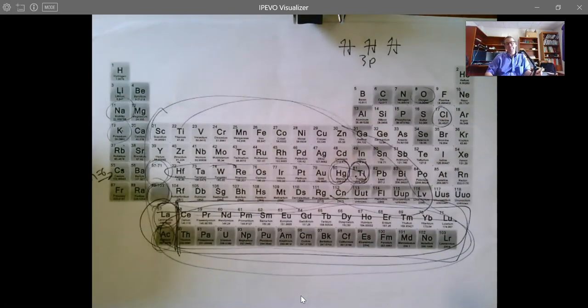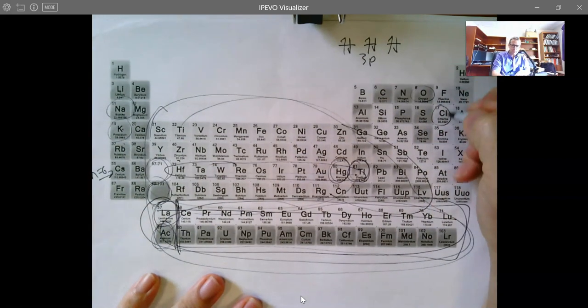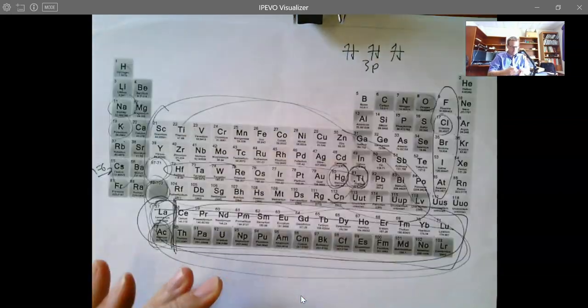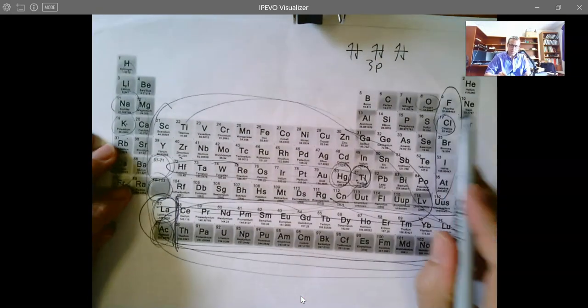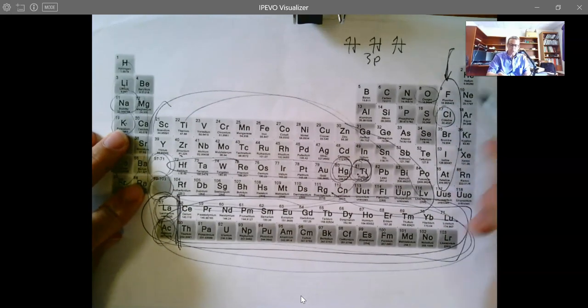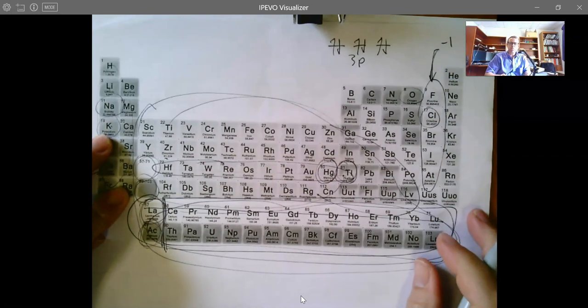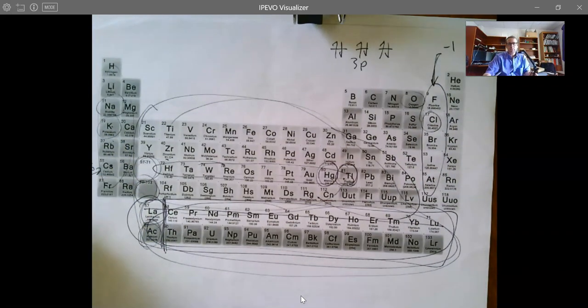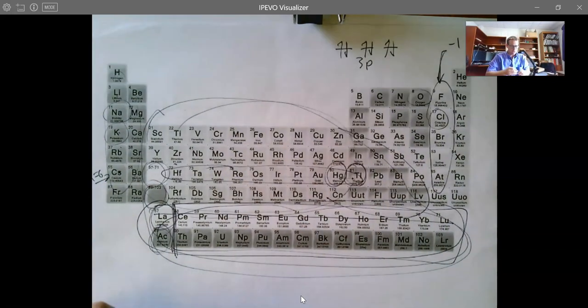Excellent. What do you guys think? That'd be a -1 charge, though. Say that again? That'd be a -1 charge. That's right. Chlorine gaining that electron would form a -1, which is what we already knew. I was telling you before that everything here likes to form a plus or a -1 charge, and the rationale was essentially if they get 1 more electron, they're like a noble gas electron configuration, and that still fits with what we've added on to our understanding.